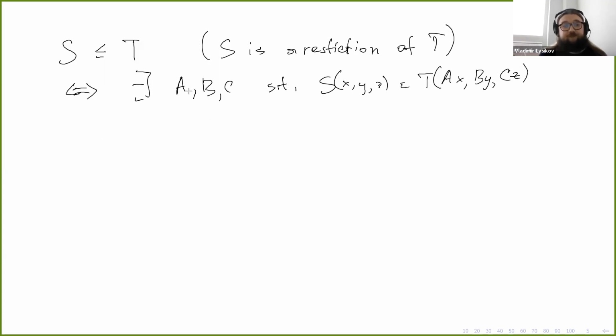And if these maps are invertible, so we can get from T to S, reduce computationally, and also computationally reduce from S to T, then we call S and T equivalent or isomorphic.